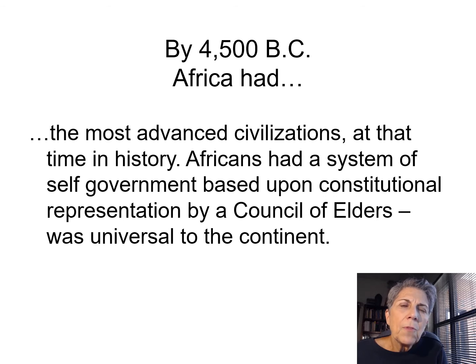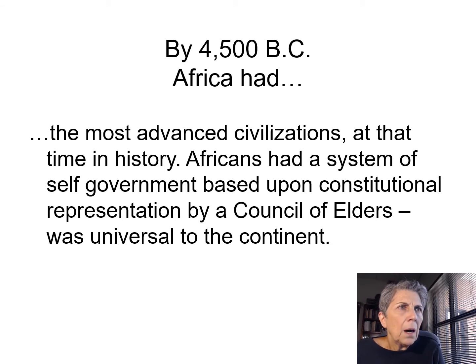So you see, by 4500, and in Sumeria we start around 3500, 3000, with it being pretty organized civilization. By 4500 BC, in Africa, you already have systems of government.